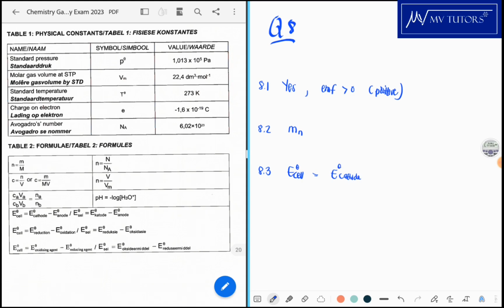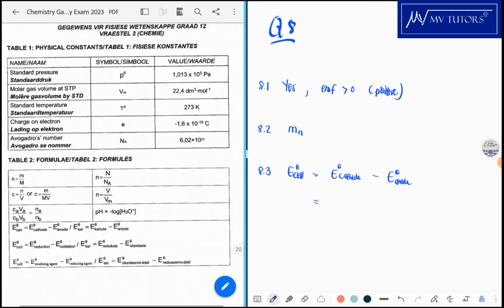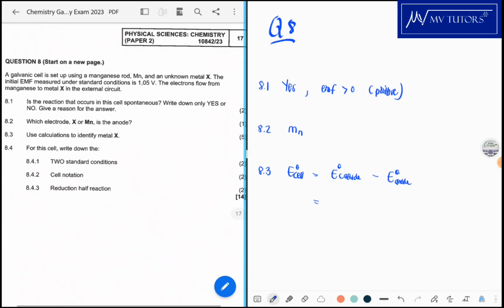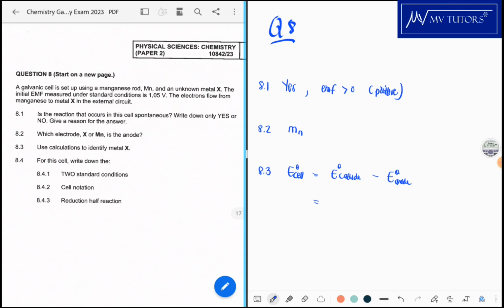If you just say EC, they're going to subtract marks from what I've heard. We already know what the E cell is, which is 1,05. And we already know that at the anode we have manganese. We don't know at the cathode.